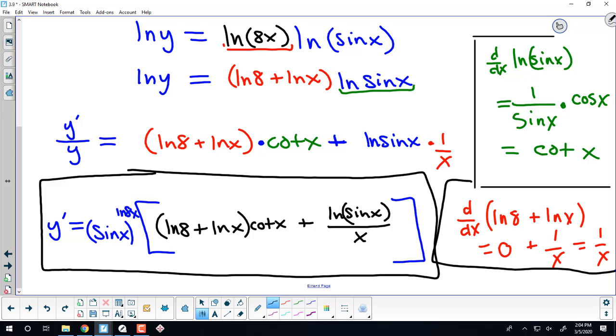We should say that. So I think it's probably easier, not how we chose to rewrite the natural log of 8x as the natural log of 8 plus the natural log of x. It's just easier to leave it as ln of 8x.